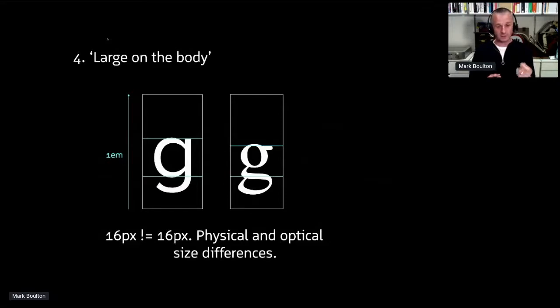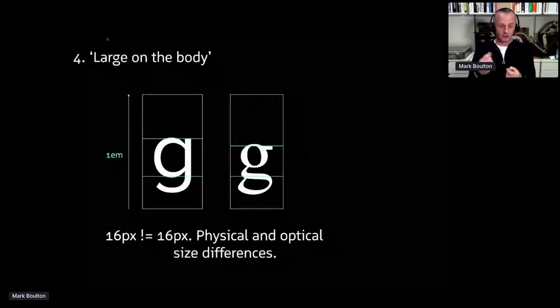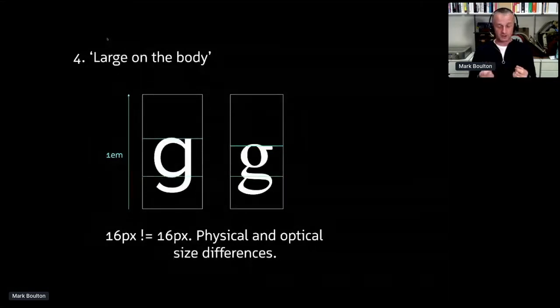What I have here is, on the left, Proxima Nova, and on the right, Times New Roman. Not that you'd use that as a fallback, but my point is that these are the same size within Keynote, but one has a much smaller X height than the other.